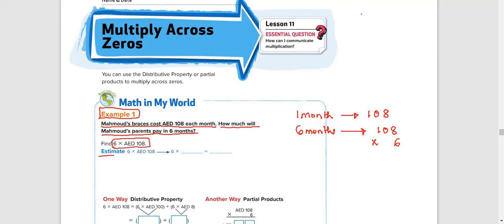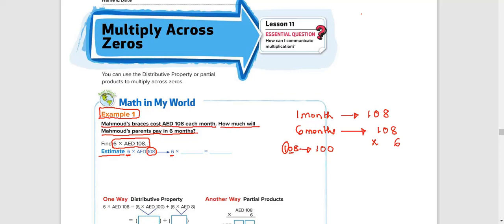Now, you can do an estimate to have a rough idea of what the amount is going to be. To do your estimate, you take this 1-digit number 6, and you look at what you can round 108 to. 108 can be rounded as it is closer to 100. Or better still, look at the highest place number 1. The next number to it is 0.